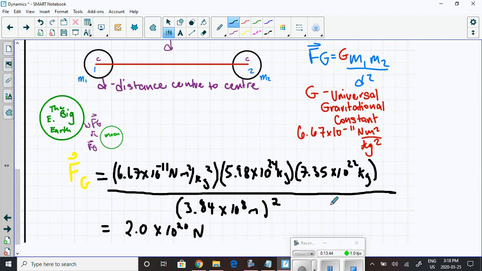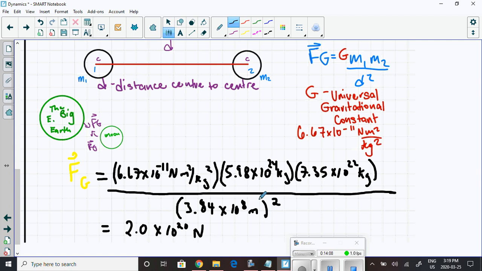Notice that when you're calculating the force of gravity between these two massive objects, or any two massive objects really, we get an answer in newtons, forces in newtons. If we're talking about masses, we're always talking about kilograms. If we're talking about the distance between them, we're talking about meters, not kilometers. And this is the force of gravity between them.